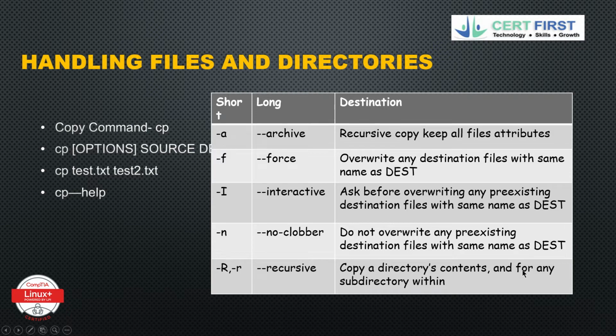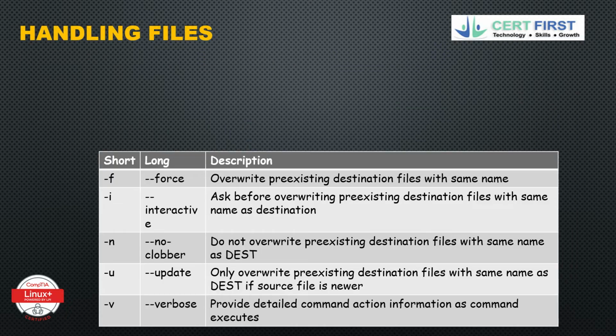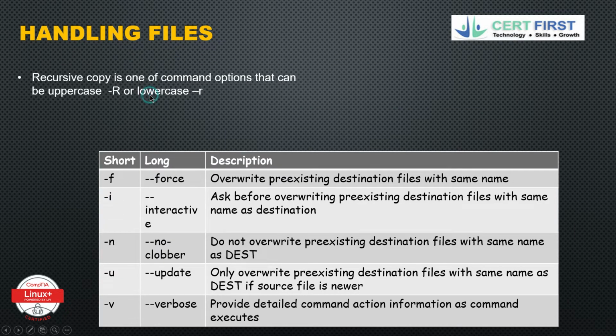So we can use -n, which will not overwrite pre-existing files. We can archive. We can actually copy an entire directory and do it recursively as well. So recursive copy is one that can be uppercase or lowercase.